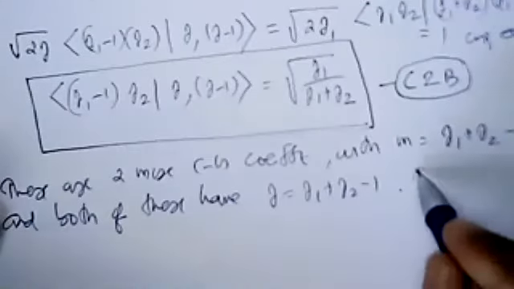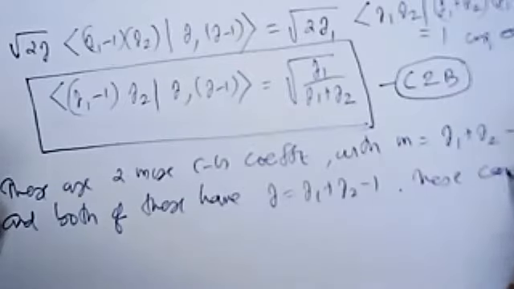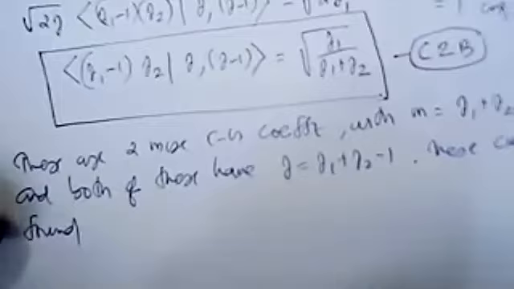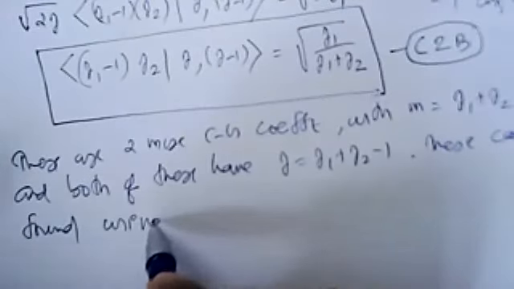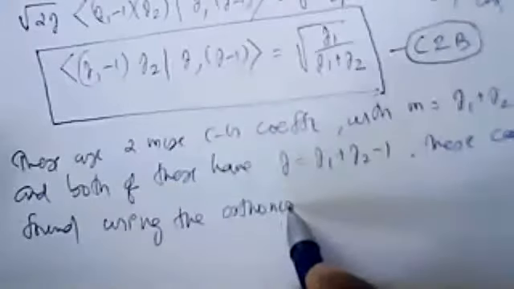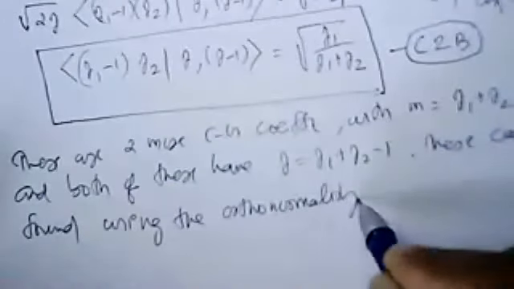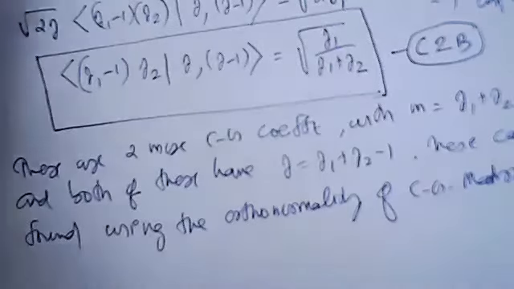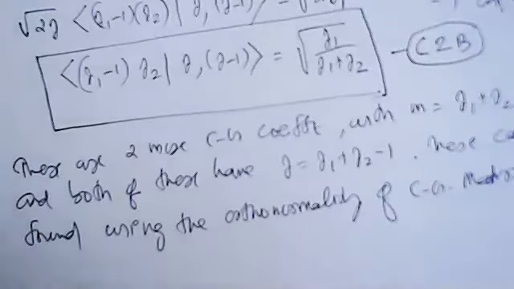These can be found using the orthonormality or orthogonality of the Clebsch-Gordan matrix. I will explain how you can find the next two terms for the same m value.